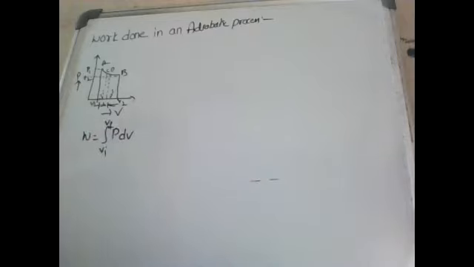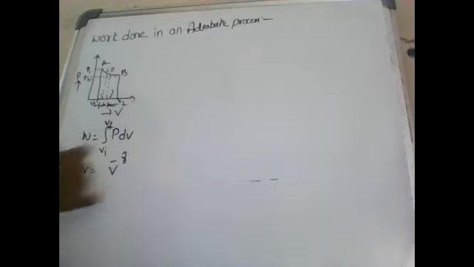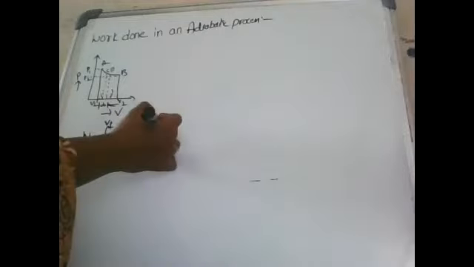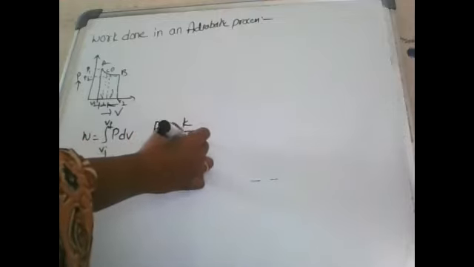But in an adiabatic process, PV power gamma equal to K, so we can substitute P value directly equal to K by V power gamma.